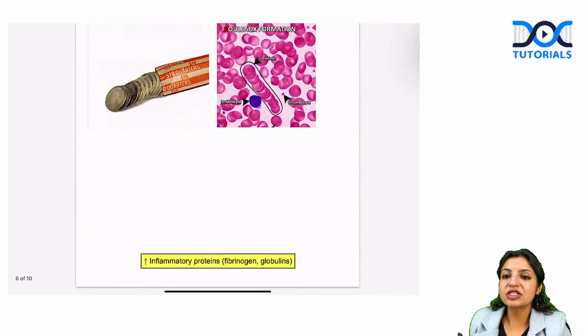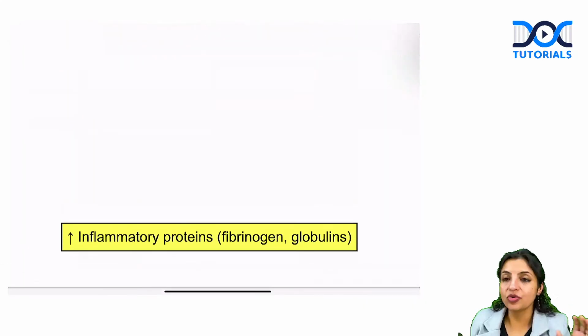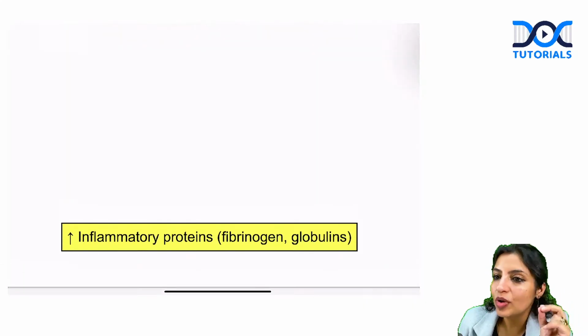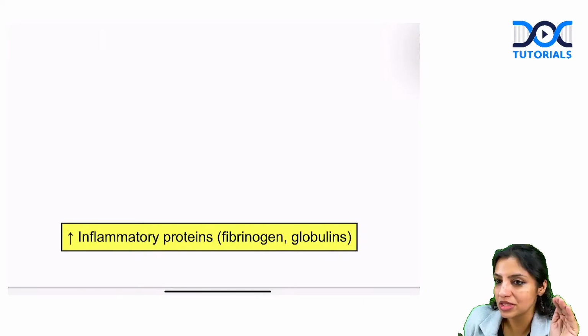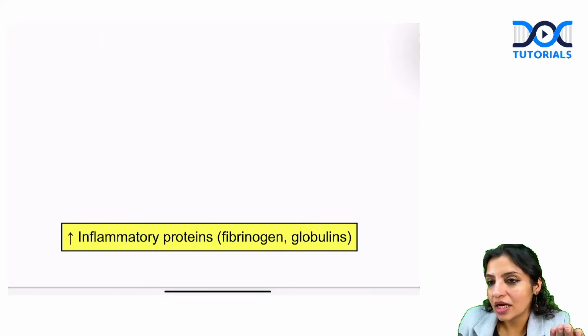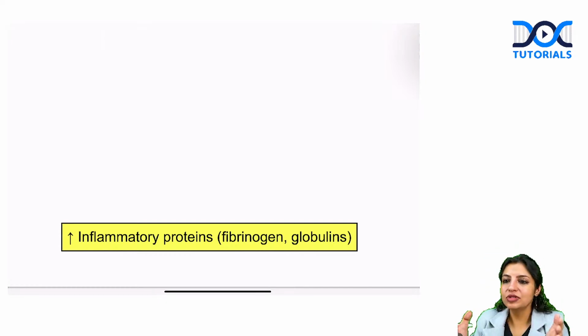Whenever we have some inflammation, inflammatory proteins like fibrinogen or globulins neutralize the negative charge on the RBCs. When they neutralize the negative charge, the RBCs become sticky and they form rouleau.